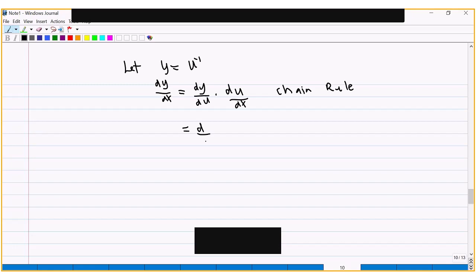We now know that in terms of u, y is u power minus 1. So differentiate u power minus 1, you get minus 1 times u power minus 2. So this will be minus 1 over u squared du/dx.